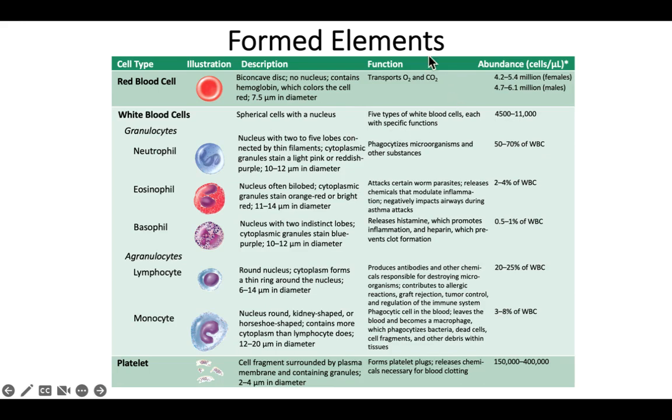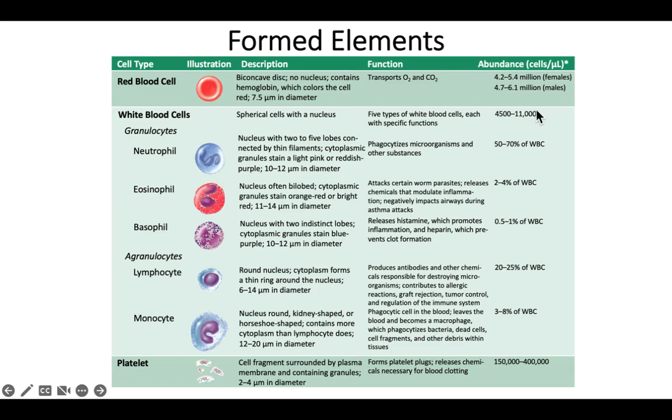We definitely want to know function. It's very important to know the function of each of these. And then the abundance. There are going to be some numbers you might have to remember, whether those numbers are in the millions for the red blood cells, or in the thousands for the white blood cells, or a percentage of those white blood cells.